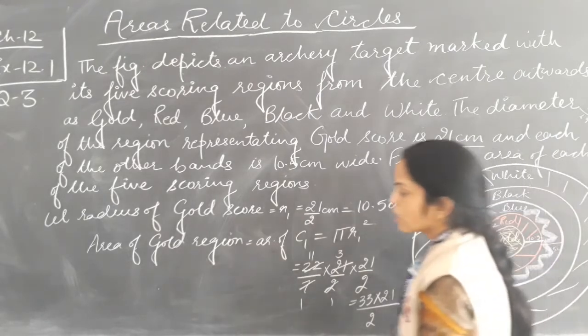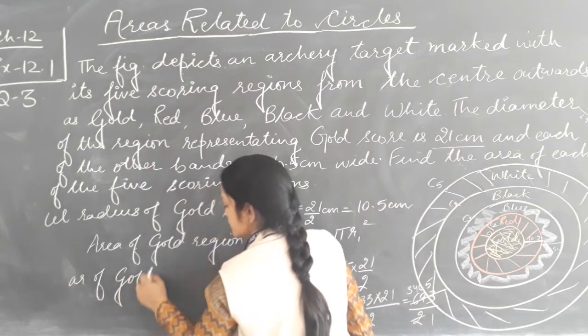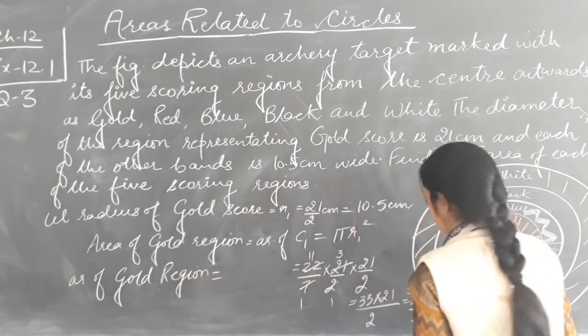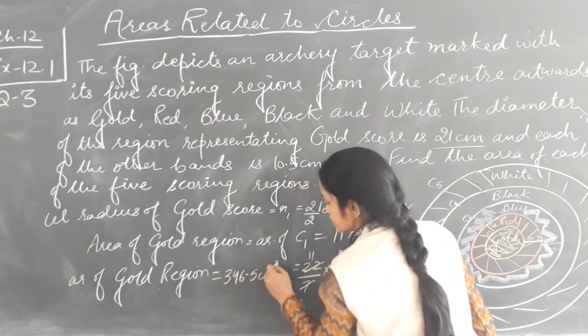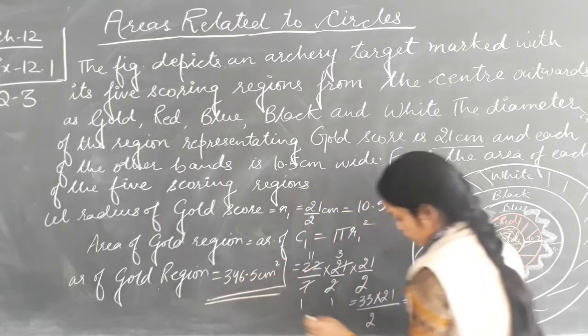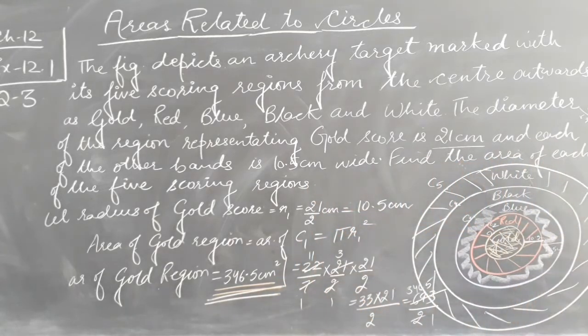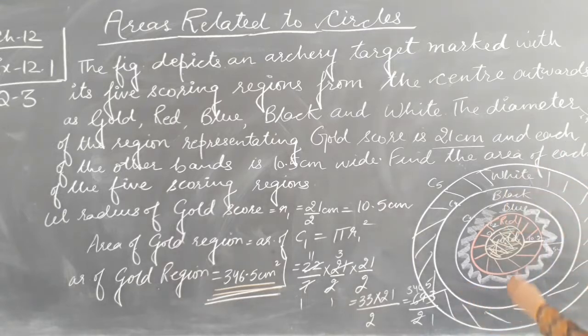That means area of gold region or gold score is equal to 346.5 centimeter square. It is the area of gold score, simply by finding area of circle, as gold region is full circle only.